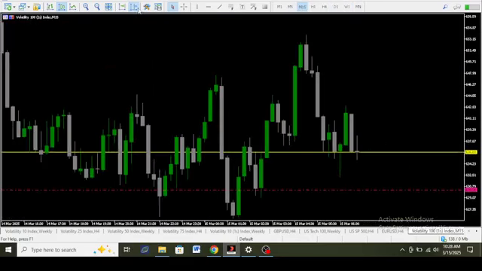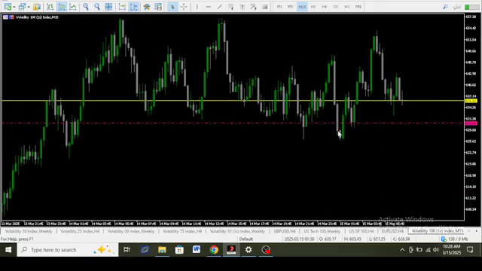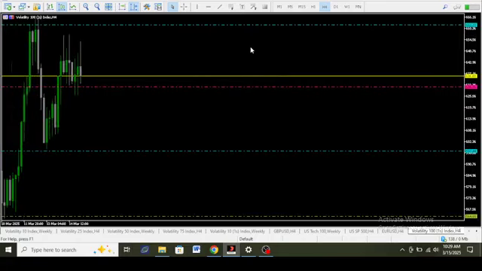And the good thing about having these levels here, you will see price come back to them. Once it comes back to them, you can form a fair value gap and then run with it. Okay. That's why I'm saying have these levels on your charts.